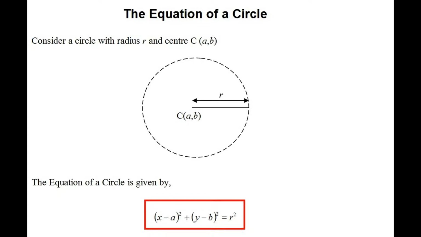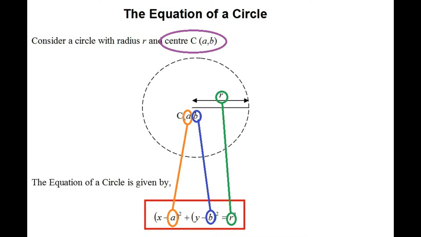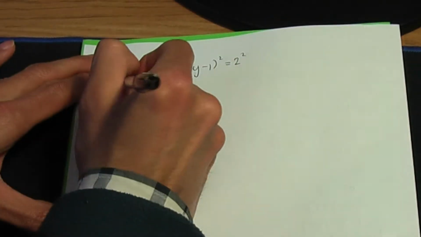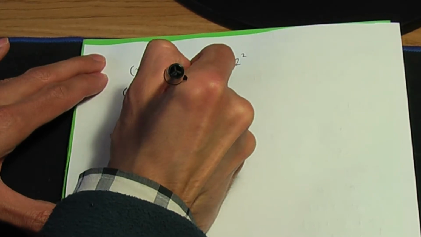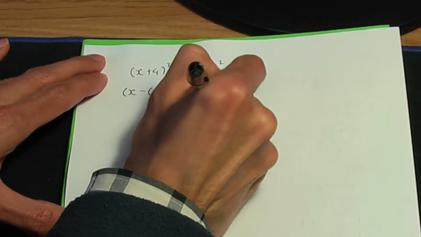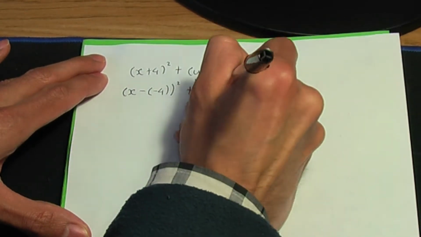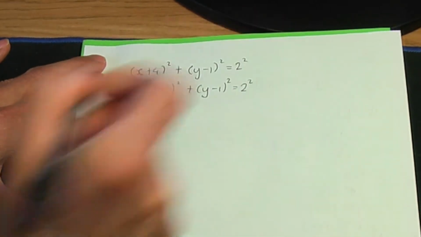And remember what we discussed, a and b will give us the coordinates of the centre of the circle, r is the radius of the circle. So if we go back to the paper and pen, first of all let me write this as x minus minus 4 close bracket squared plus y minus 1 squared is equal to 2 squared.